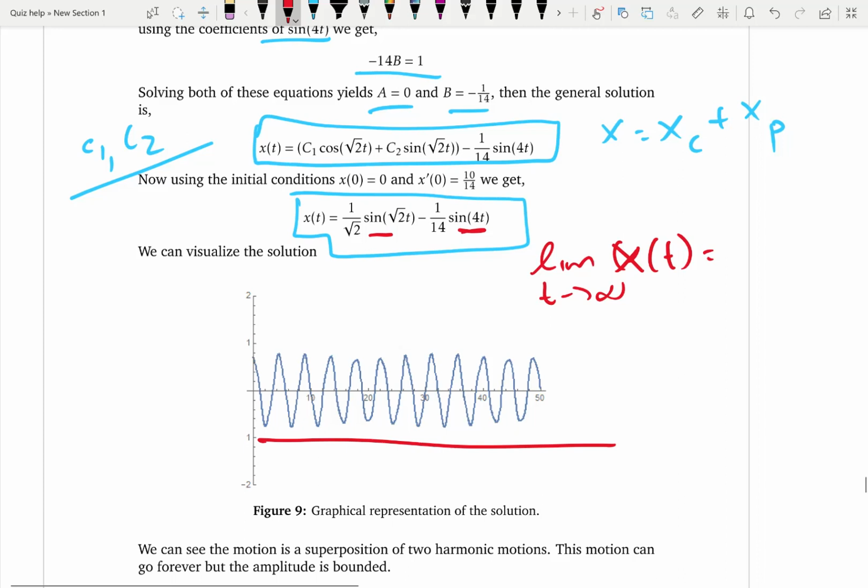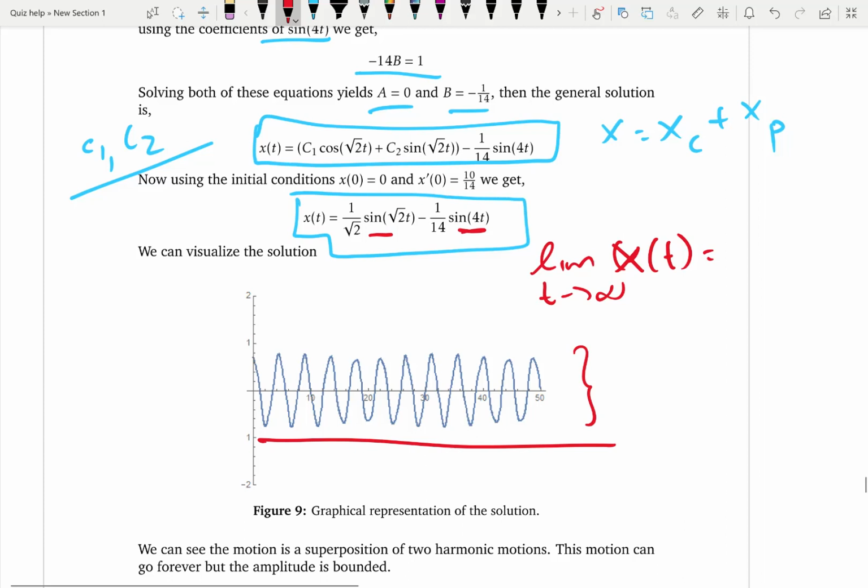So the whole motion, or the eventual motion, is determined by both the complementary solution and the particular solution. The motion goes forever. The amplitude is bounded. That means we have a certain amplitude as a number. We will discuss why I said that term later, but it's just a superposition of two sine curves and the motion goes forever.